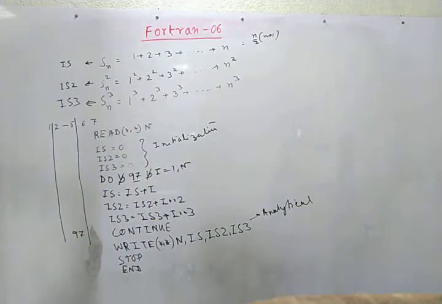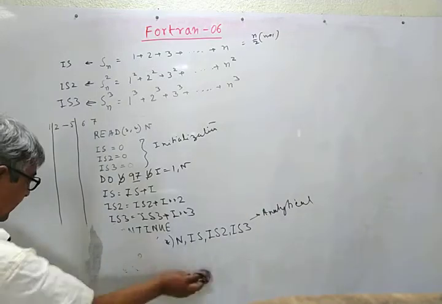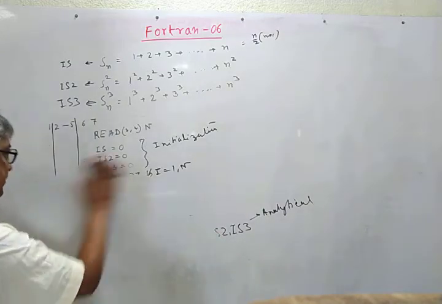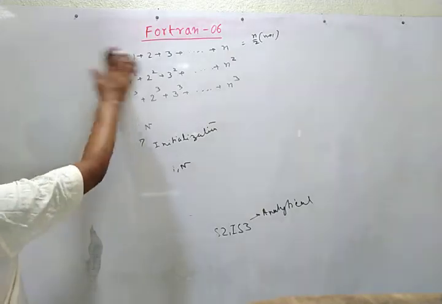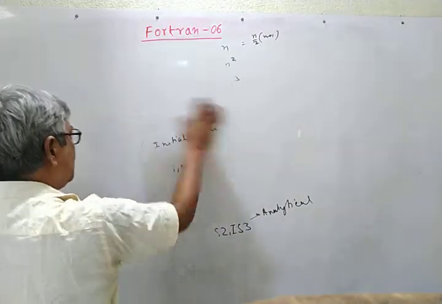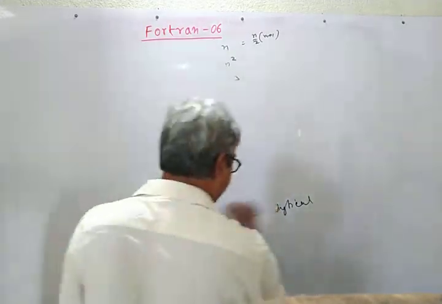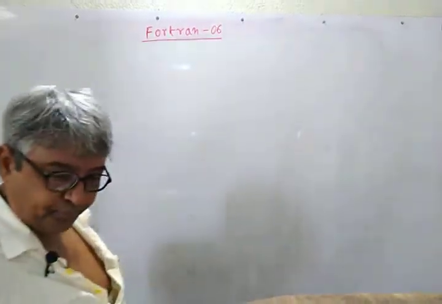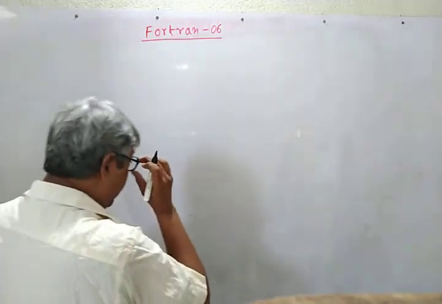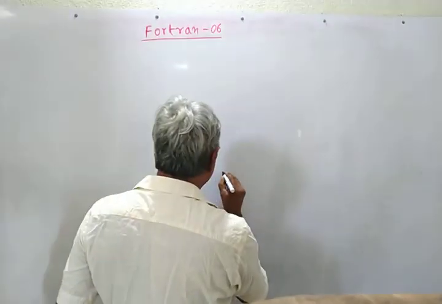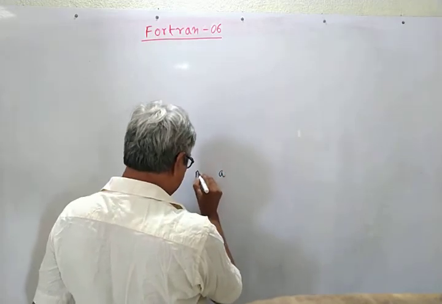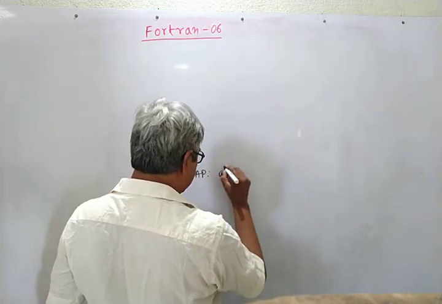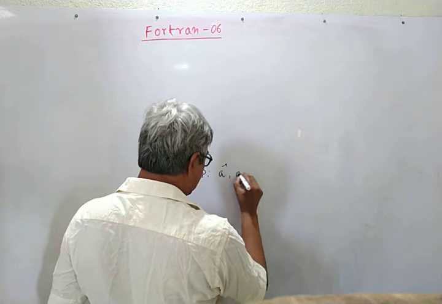Another use of the do loop: let me calculate the sum of an AP series whose first term and common difference are given. In general, the terms of the AP series may be real, so we say a is the first term and d is the common difference.